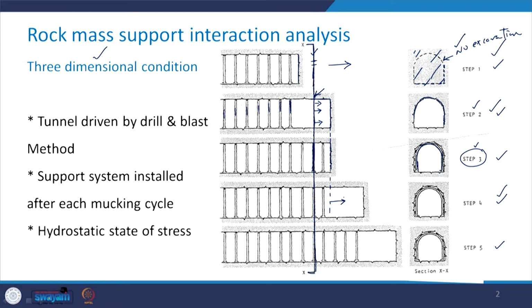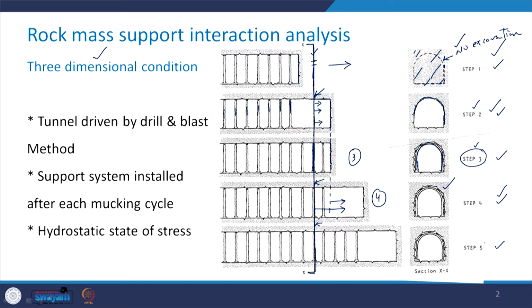Then in step 4, the tunnel has been further advanced. Earlier it was up to this much, now it has been advanced further. What you will see at the cross section of section XX is the same view, but the difference between step 3 and step 4 is that now the tunnel has been advanced further from section XX.